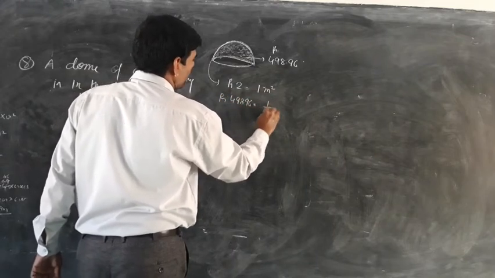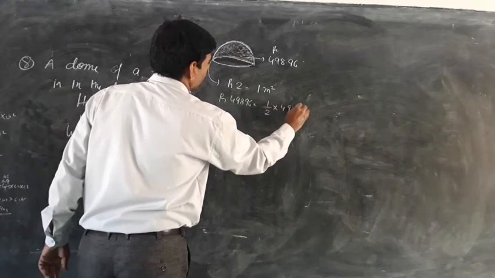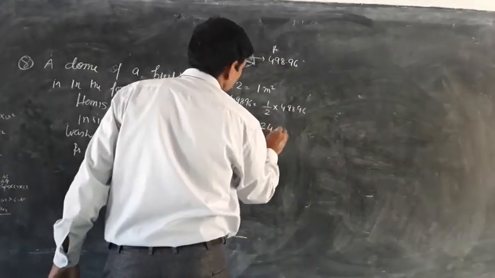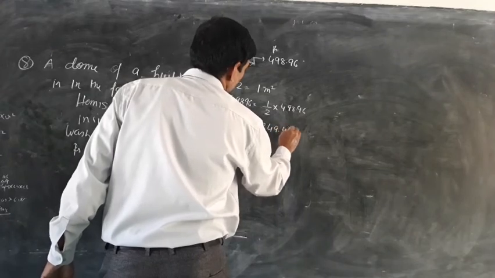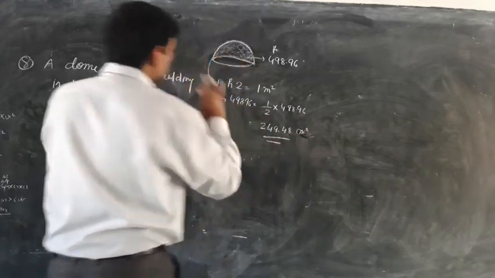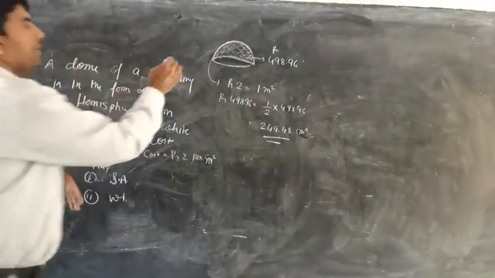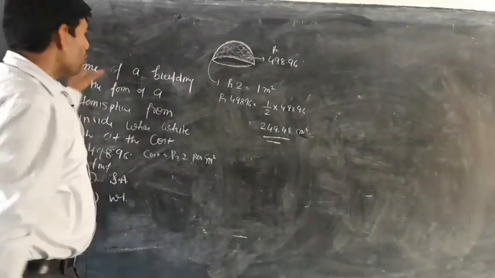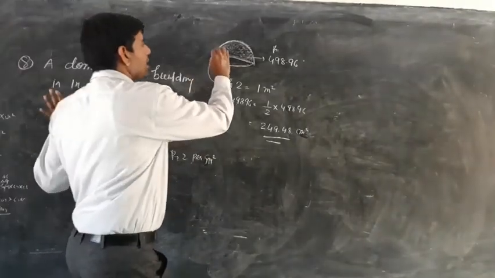So rupees 498.96 is equal to 1 upon 2 into 498.96, that is 249.48 meters square. That is the curved surface area of this hemisphere, the dome.